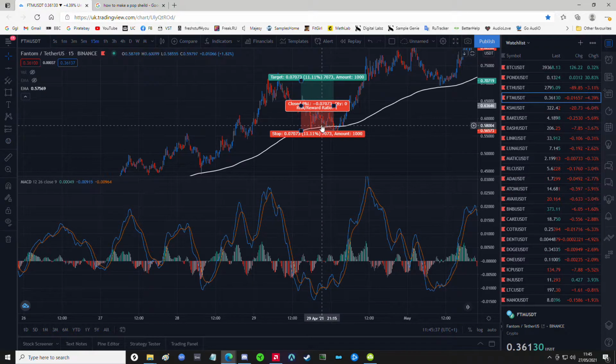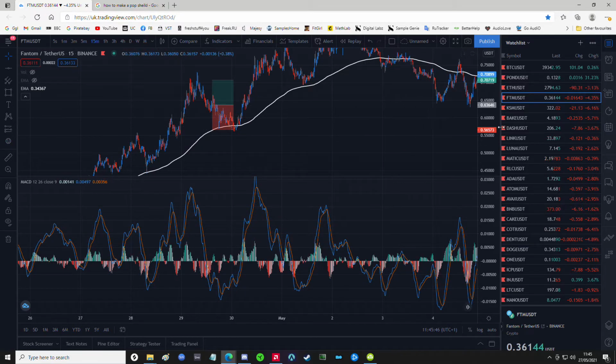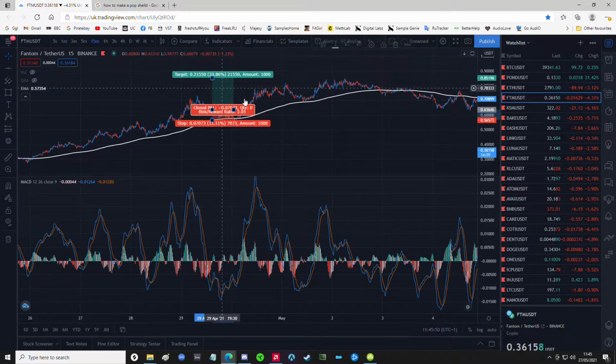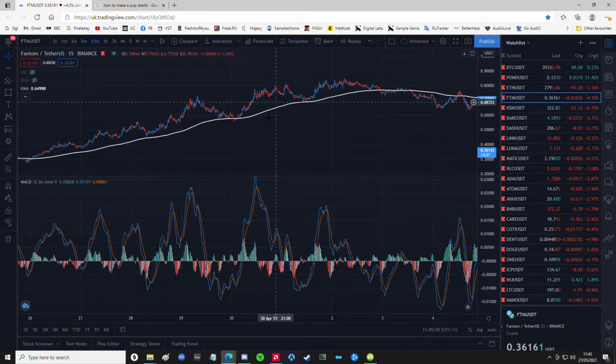So it's up to you whether you want to use a 10% or 15% or whatever. That's your choice. But had you stayed in this and you didn't get stopped out, you would have been 30% in profit.